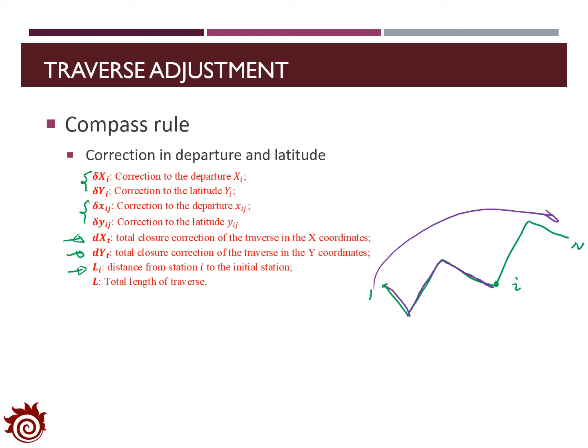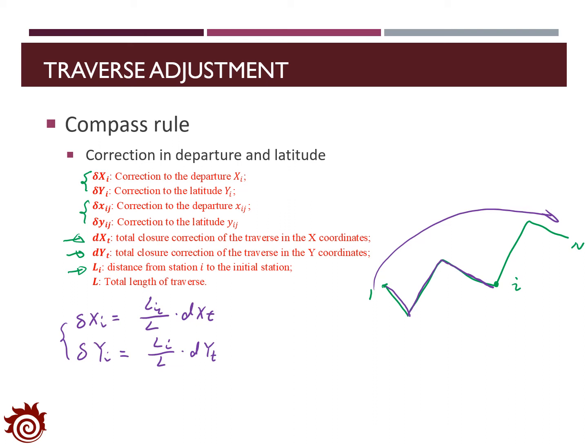With that, we can find out the correction for the departure xi and the latitude yi. So delta xi equal to Li over L times dxt. Delta yi equal to Li over L times dyt.